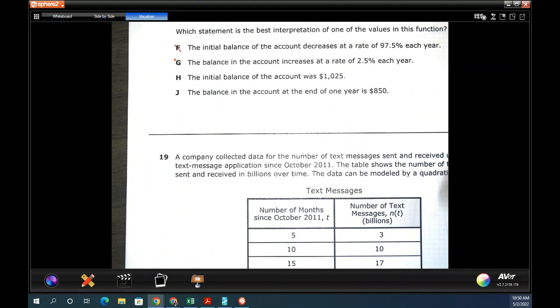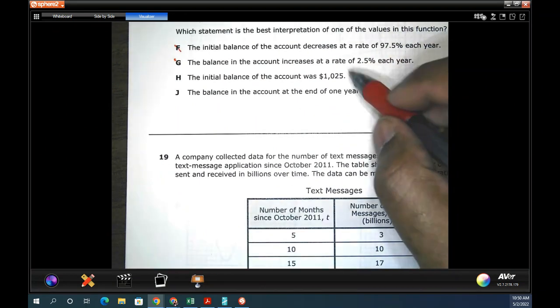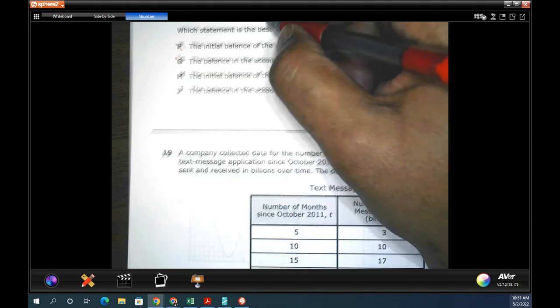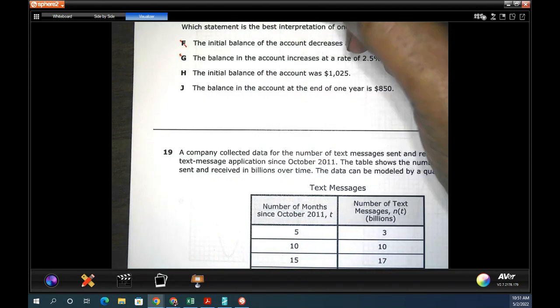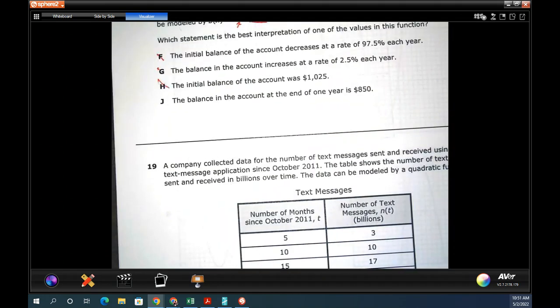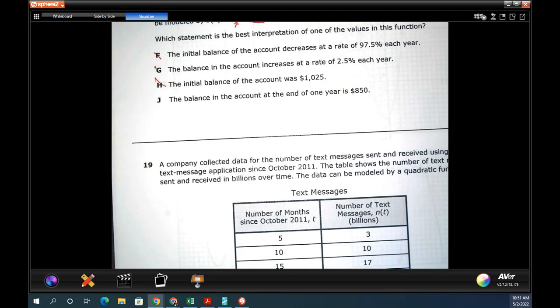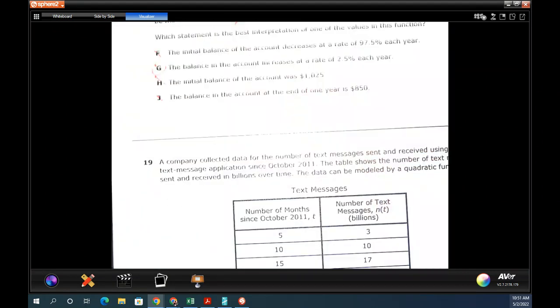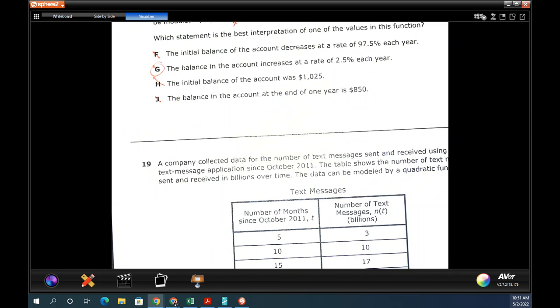Let's put a question mark. The initial balance of the account was $1,025. Is that it? No. Here's your initial amount right there, 850. The balance in the account at the end of 1 year is $850. No, it's going to gain money. So the answer was what? G. Okay.